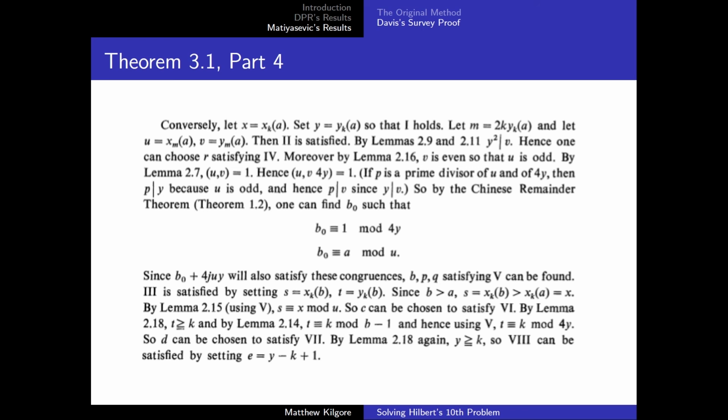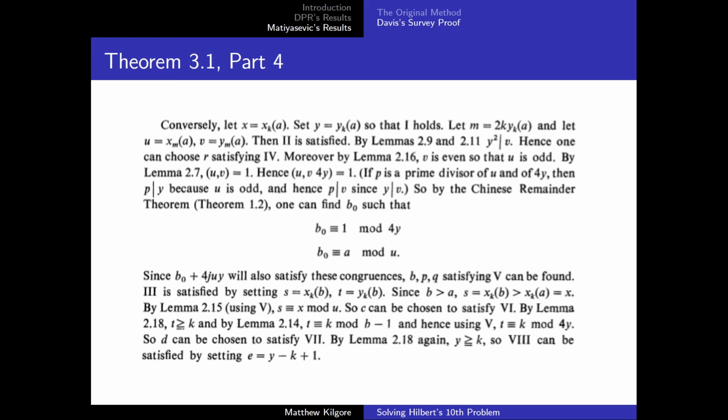Then we get equation 2. By lemmas 9 and 11, it yields that y squared divides v. Hence we can choose an r satisfying 4. By lemma 16, v is even, and thus u is odd. By lemma 7, they are relatively prime, hence u is relatively prime to b times 4y.